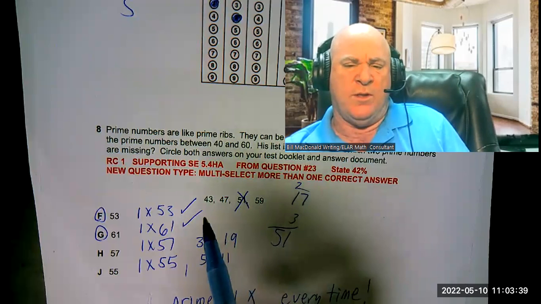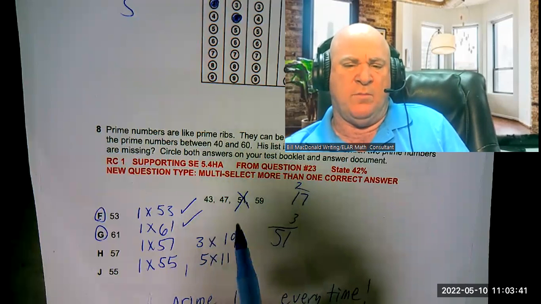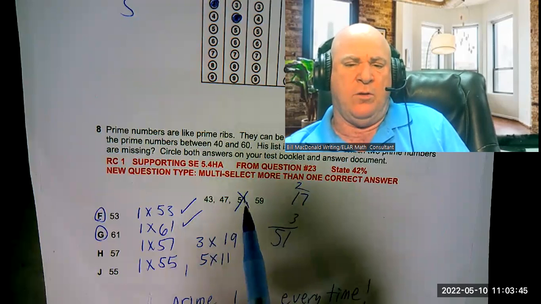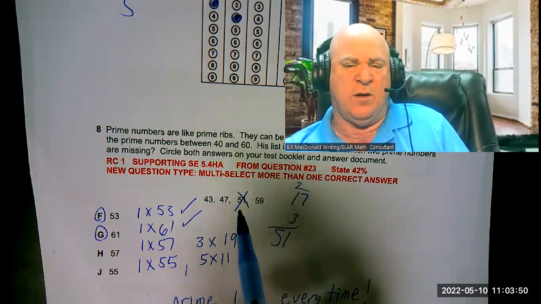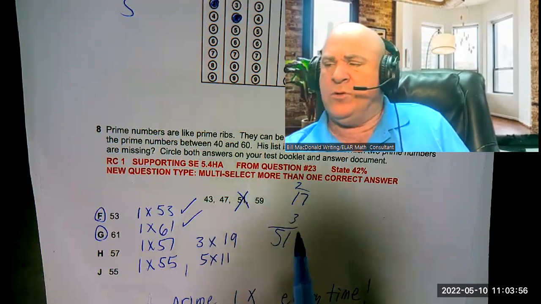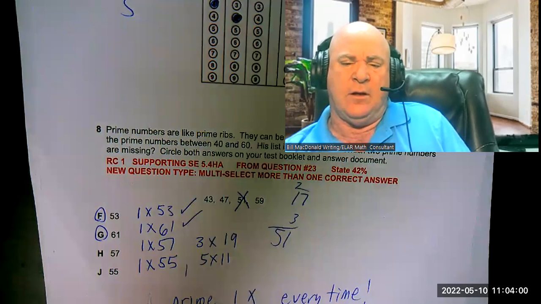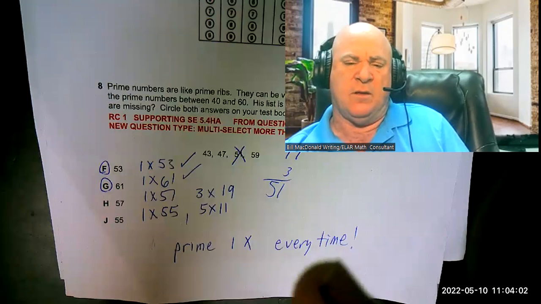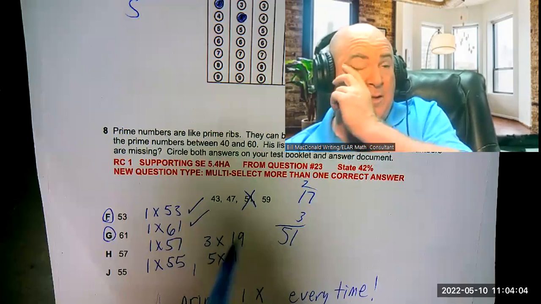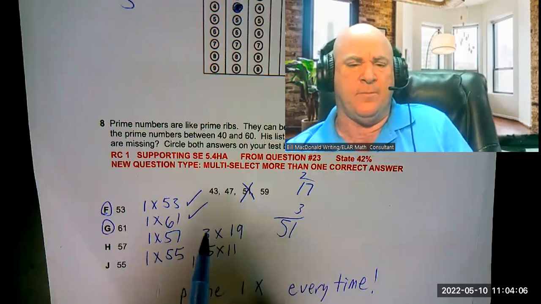So the one that you remove would be the 51, because in my brain I was able to suddenly see that 51 has factors of 1 times 51 and 3 times 17. So as soon as you realize that it's not 1 times something every time only, then you got to eliminate it as a prime number.